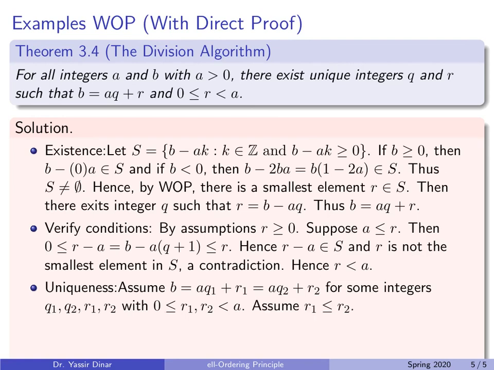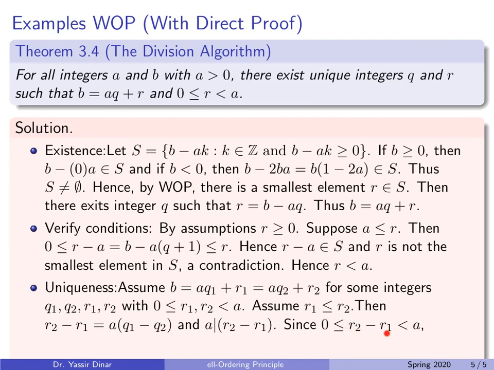Without loss of generality, we can also assume that r1 is less than or equal to r2. Then using algebraic manipulation, r2 minus r1 is equal to a times q1 minus q2. And this means that a divides r2 minus r1.